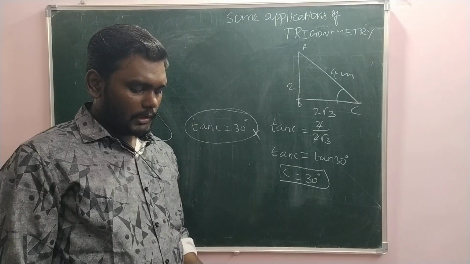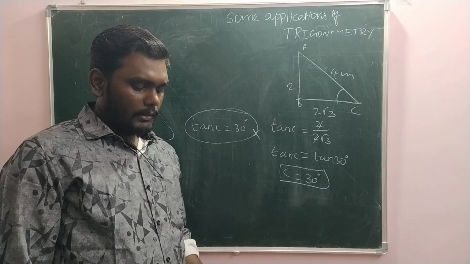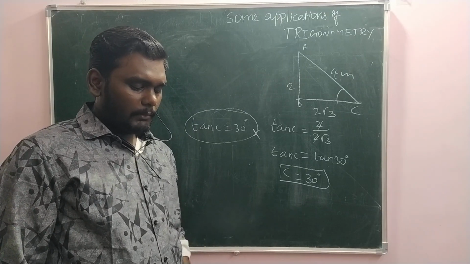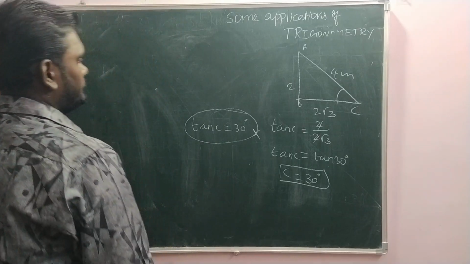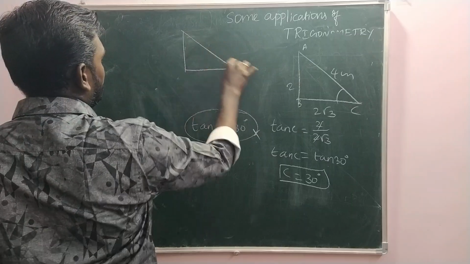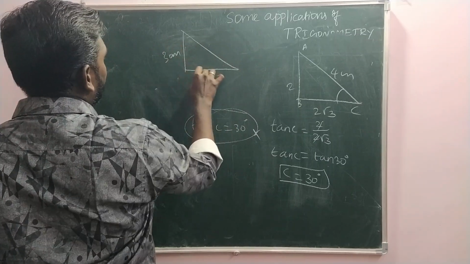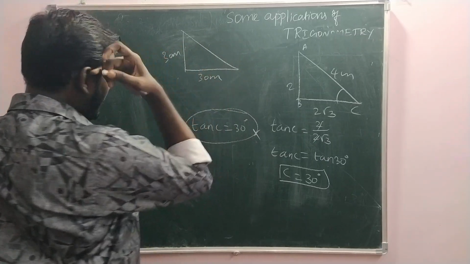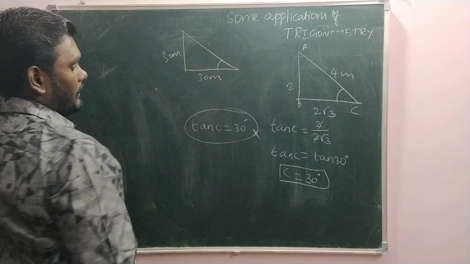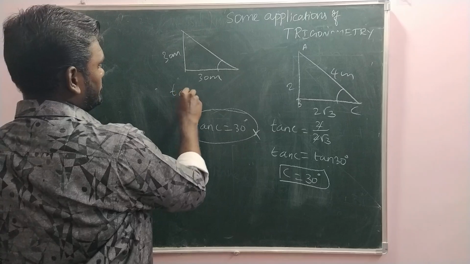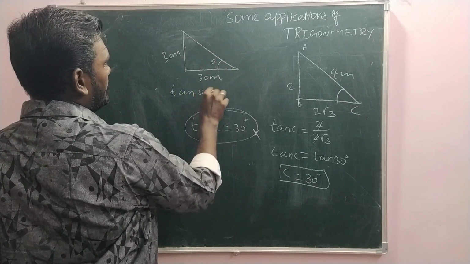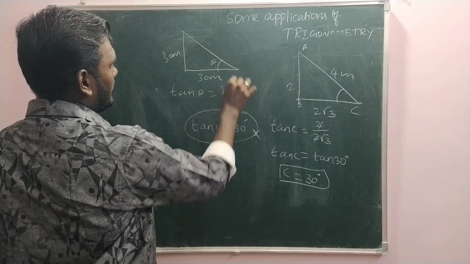And then, the angle of elevation of the top of a tower 30 meter high at a point 30 meter away from the base of the tower is... Top of the tower 30 meter high, from 30 meter away. Then what is the angle of elevation? The same way, tan C is equal to, or else we make it theta. Tan theta is equal to 30 by 30.